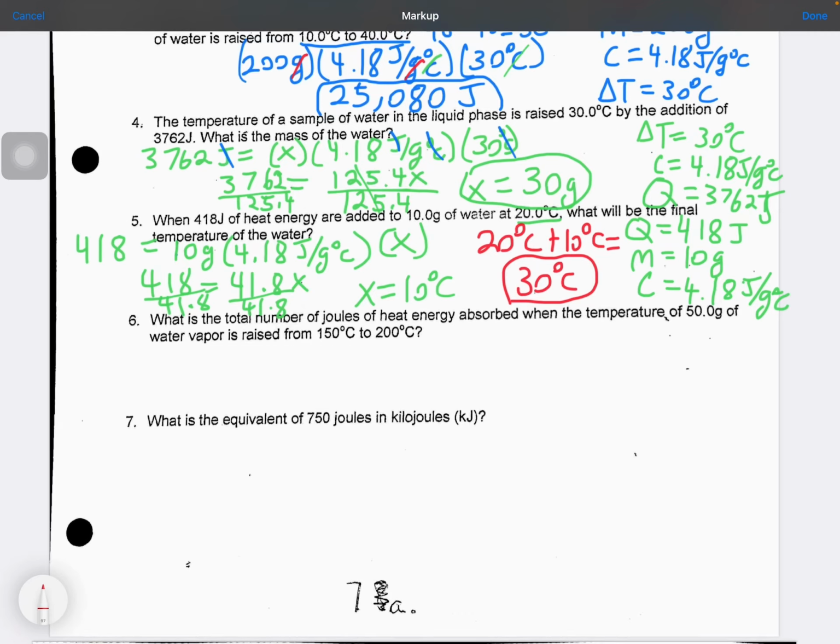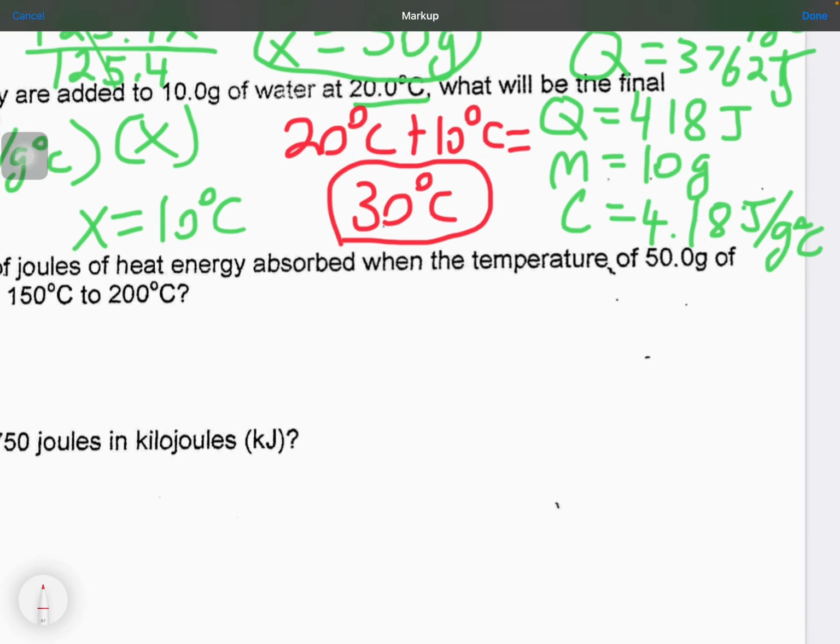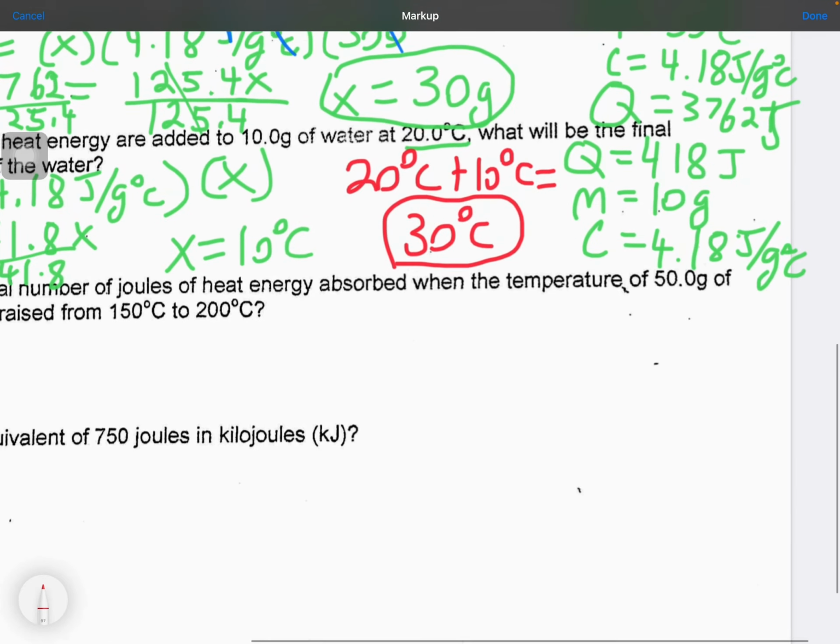And final question. What is the total number of joules of heat energy absorbed when the temperature of a 50-gram sample of water is raised from 150 to 200 degrees Celsius? Okay, so we are given a temperature value, therefore we are going to be using our Q is equal to MC delta T. So we are given our mass, which is 50 grams.